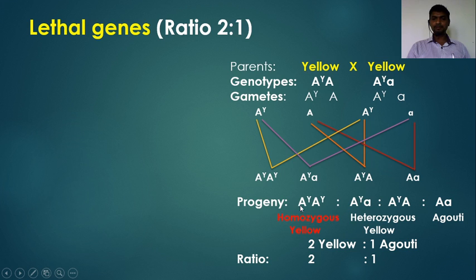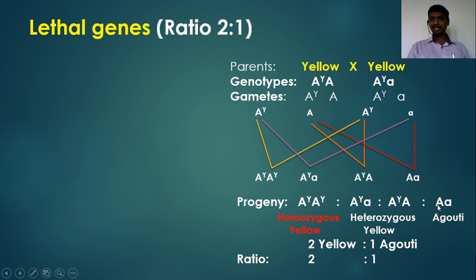If you see the phenotype, capital AY, AY means it is yellow colored. Both alleles are the same, so we say it is homozygous yellow. Yellow is dominant over both agouti and black, so if the AY allele is present in the genotype, the phenotype is obviously yellow. Here is also yellow, and here is also yellow, but these are heterozygous because the alleles are not the same. One possesses small a, the second genotype possesses capital A. So the phenotype is the same, yellow.